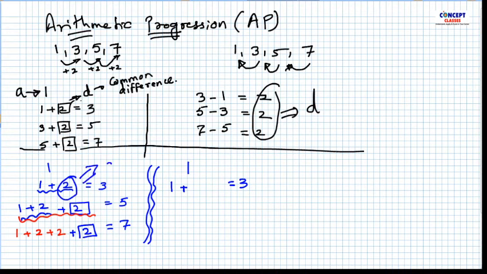We called it D. And what did we call this 1? We called it A. So this is A, and this also is A. So A plus 1 plus 2, remember 1 plus 2 is nothing but D. 1 plus 2 equals 3. So how does that translate? What is 1? A, and what is 2? D. So this will give me my second term, which is 3.